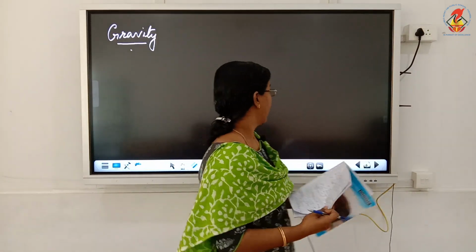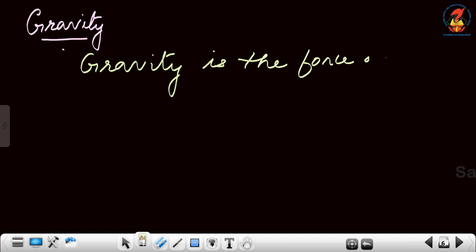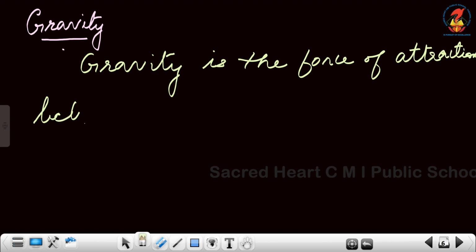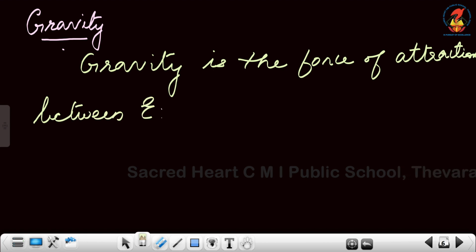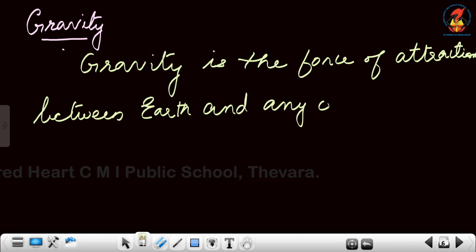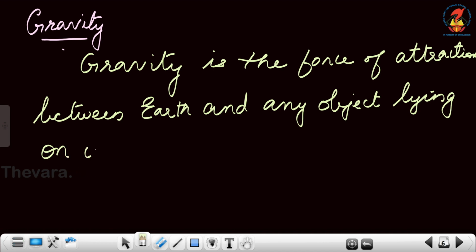So gravity is the force of attraction between Earth and any object lying on or near the surface of the Earth.